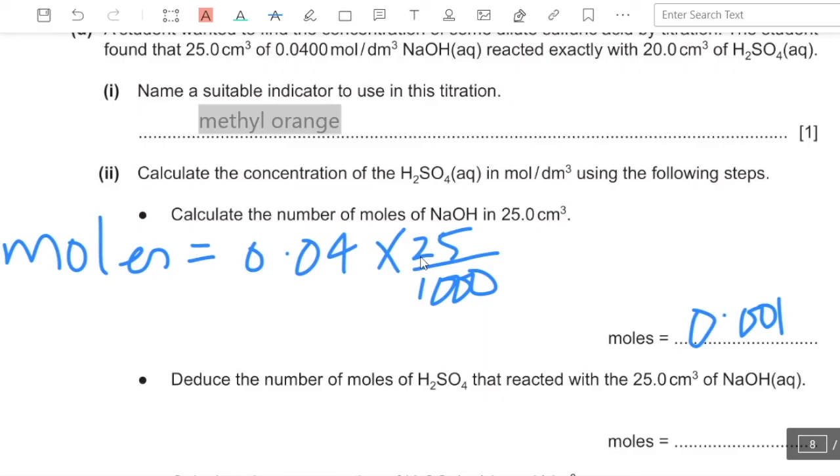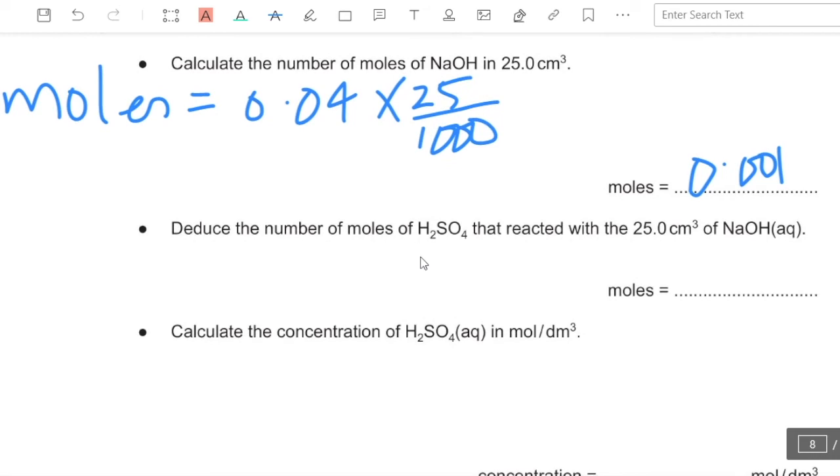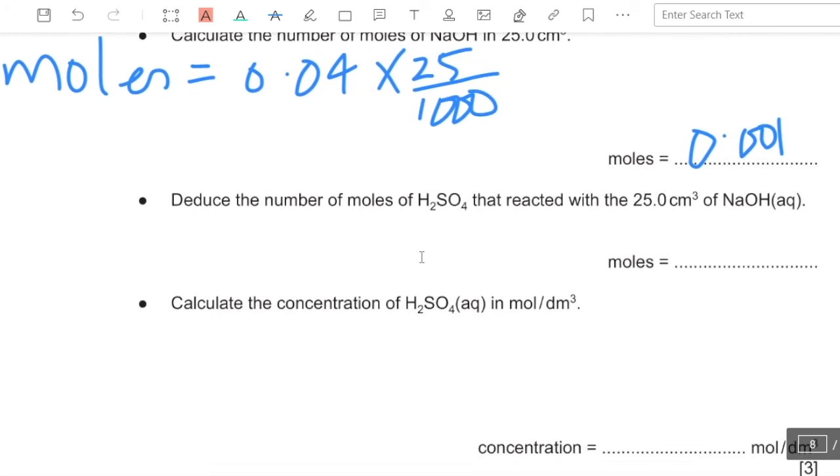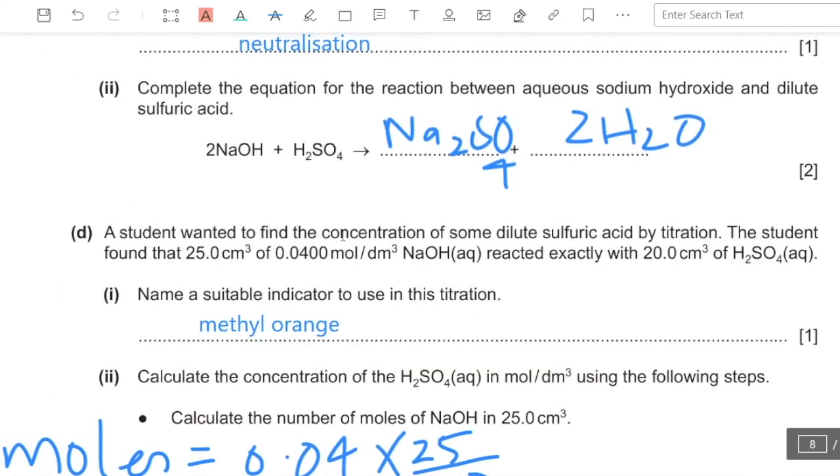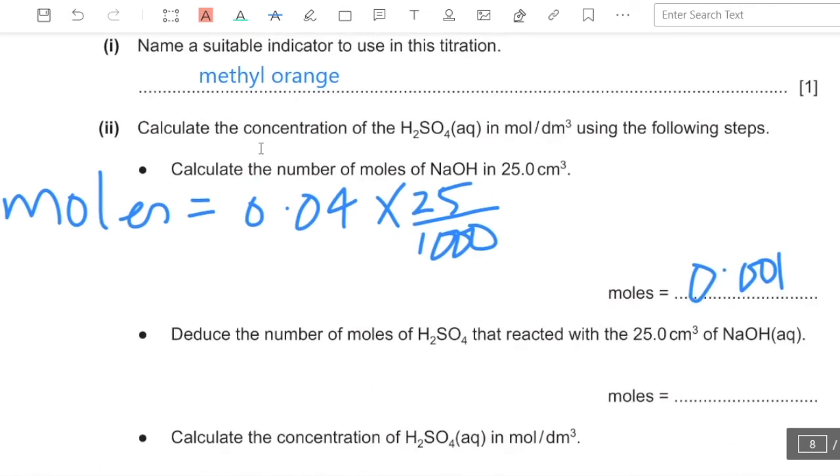sodium hydroxide. Deduce the number of moles of sulfuric acid that react with 25 centimeters cube of sodium hydroxide. So to deduce the number of moles, we'll use the ratio set in the equation. Since 2 moles of sodium hydroxide react with 1 mole of sulfuric acid, that means basically half the moles of acid react with the total number of alkali.